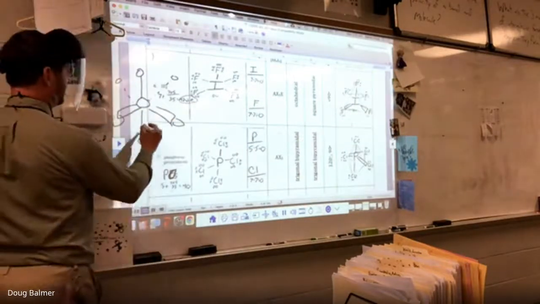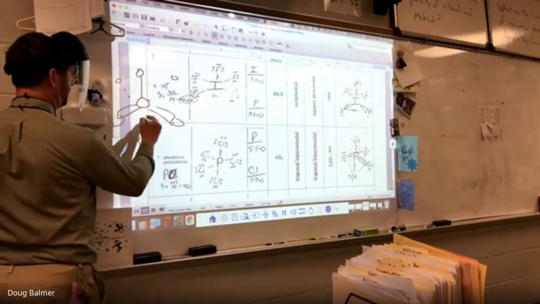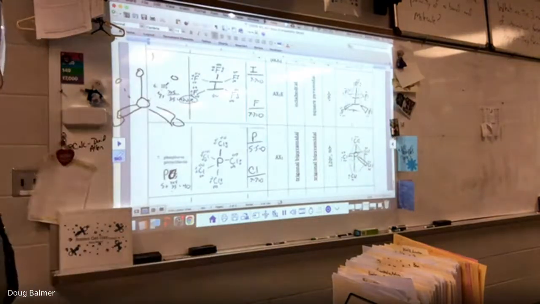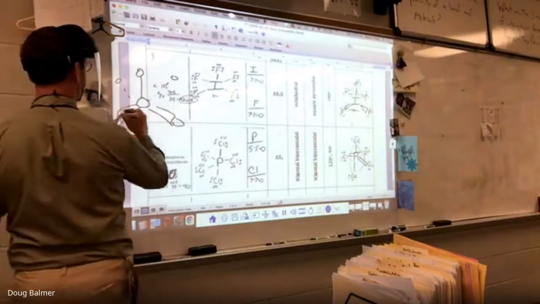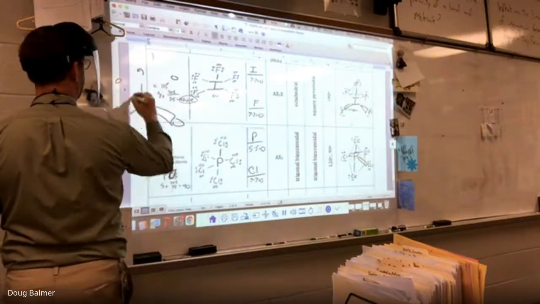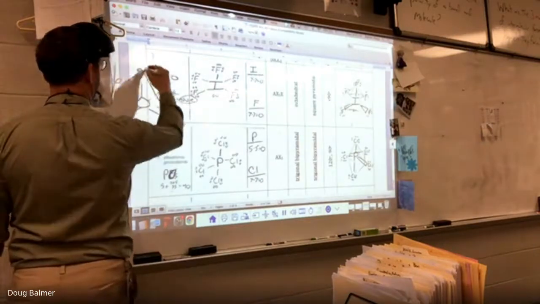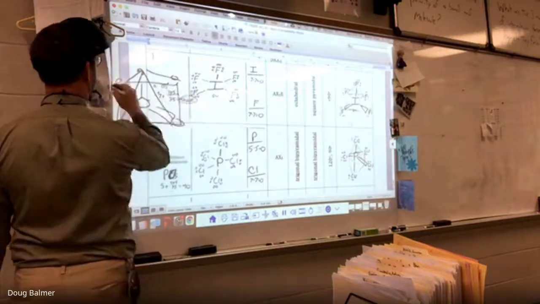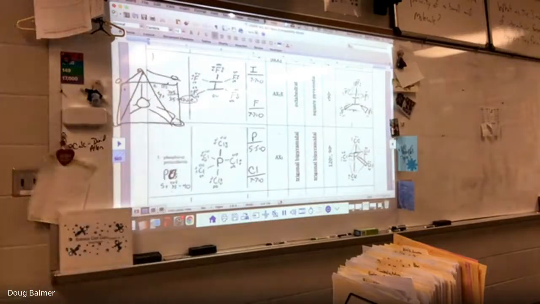I think it's easier to see if we get rid of this bottom one. And what is left would be something that goes up to a point, and it has a square bottom to it. So yeah, square pyramid. Square pyramidal.